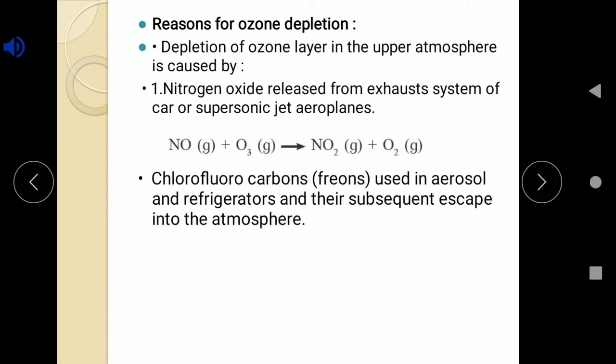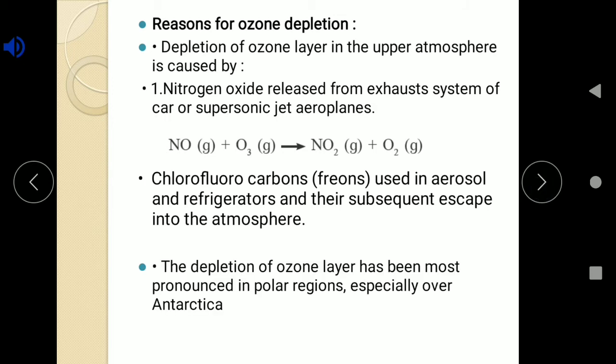Again, the next reason why ozone depletion takes place is CFC, or chlorofluorocarbons, or freons, which are released in air by refrigerators. So the refrigerators we are using release freons in nature, and these escaped freons bring about depletion.